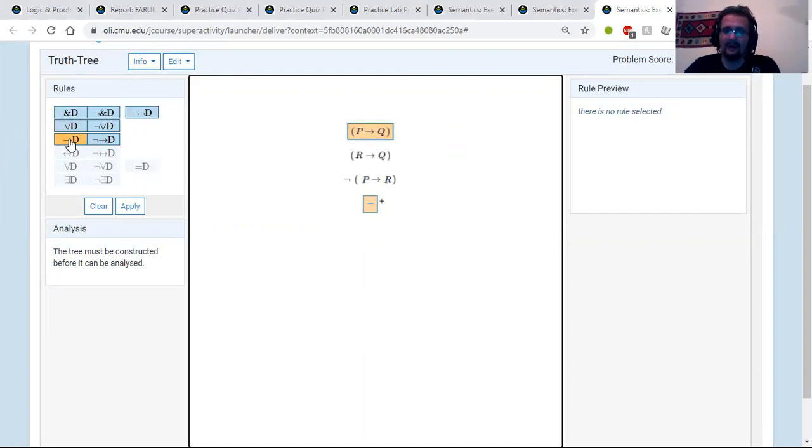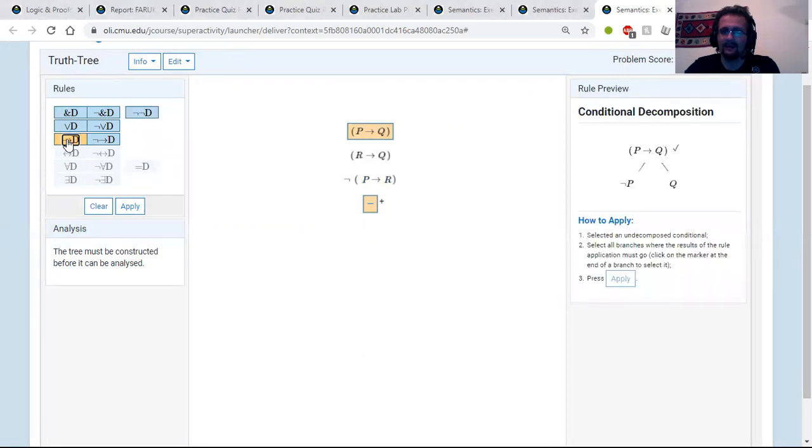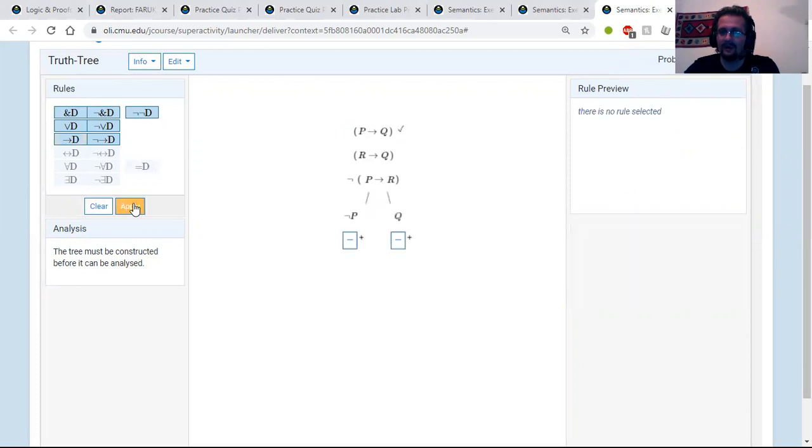You go over on the side, you see that little conditional sign. So this is deconstructing. We are going to deconstruct a conditional, and here is where we are deconstructing it. And we're going to hit the apply button. You get a check mark next to the thing that you did.